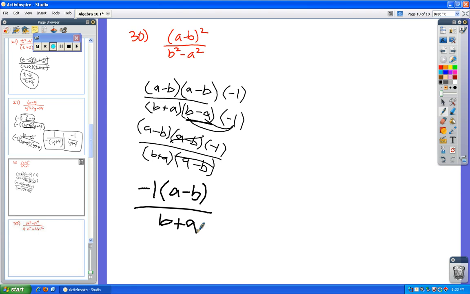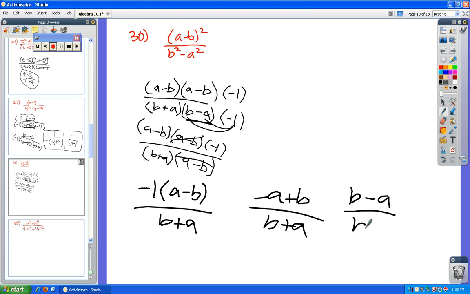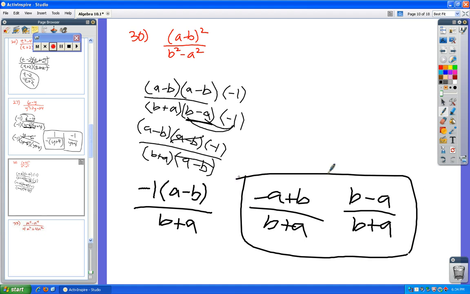So that'll give me negative a plus b over b plus a. If you want to write in order, b minus a over b plus a. Any of these are acceptable. Yeah, either this one or this one. Can I switch?